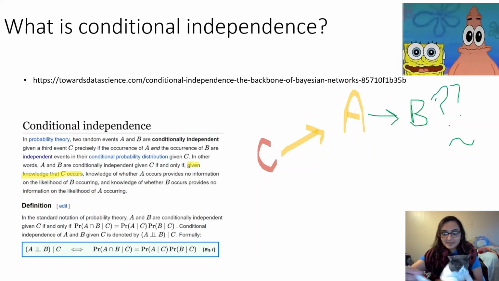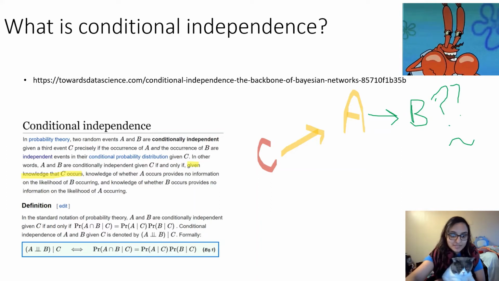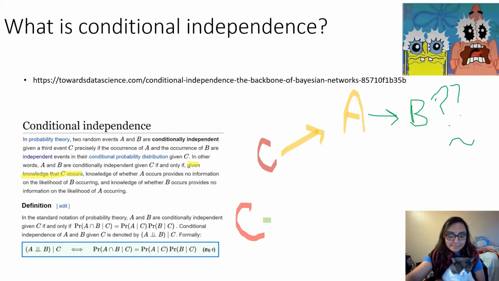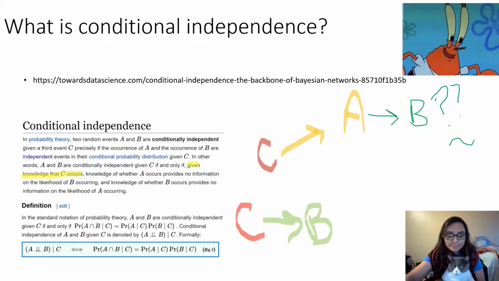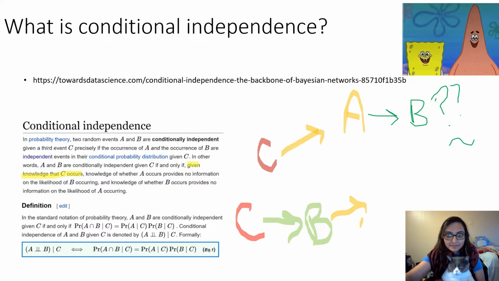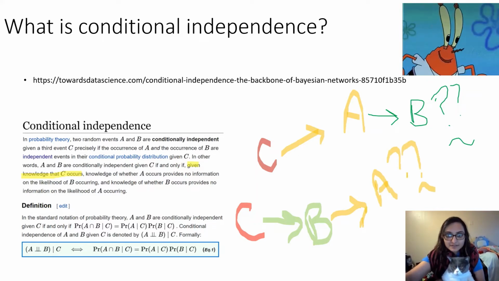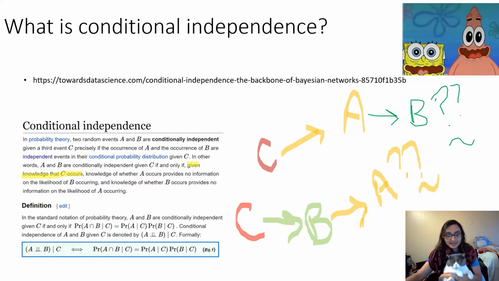Similarly, if C occurs and B occurs, that does not give us much information about A occurring.